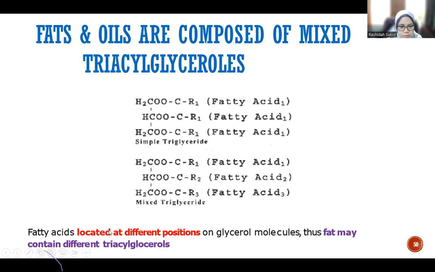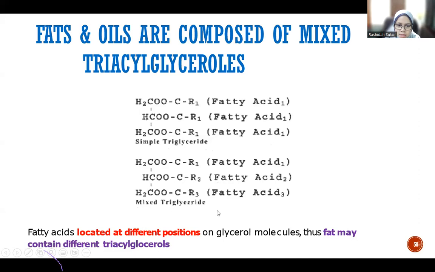Okay, so fatty acid ni kalau dia guna the same fatty acid, we call it simple glyceride or simple triglyceride lah, simple TG, because they use the same fatty acid for number 1, number 2 and number 3. So tiga-tiga, all these three are from the similar fatty acid.